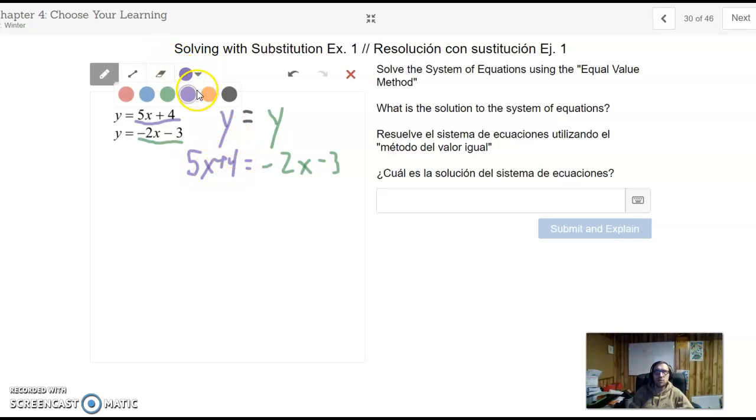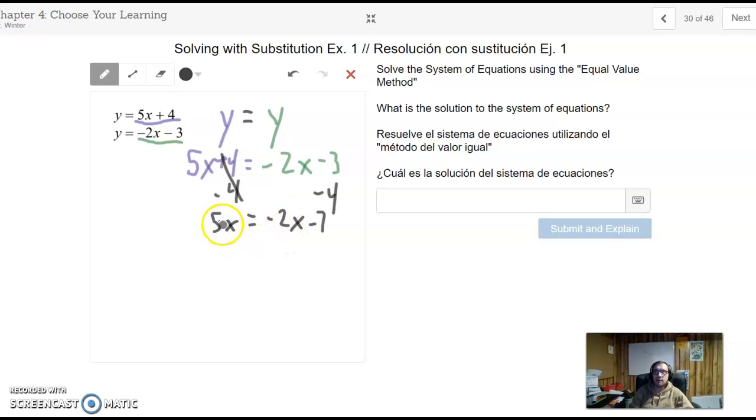So now you just need to do the operations to get the variables to one side and the constants to the other. I'm going to subtract 4 from both sides, and these eliminate, right? And so I have 5x equals negative 2x minus 7.